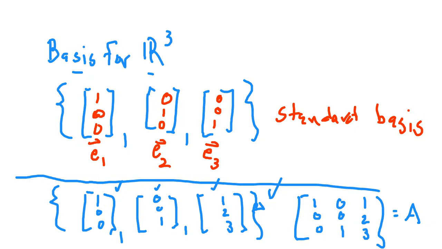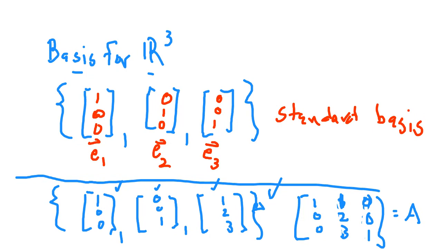And actually, it'd probably be easier if you made the second vector the third column, and the third vector the second column. That should work pretty well. Let me just see here.